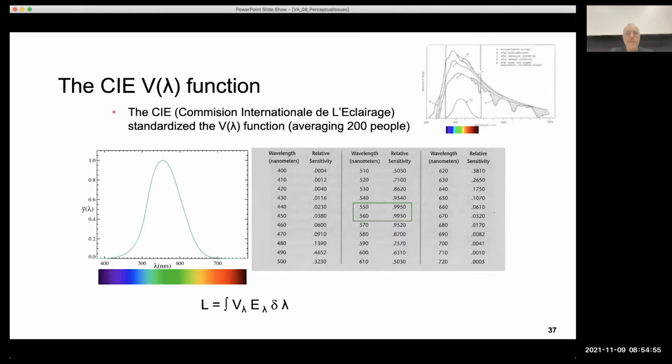Let's start with the color. We have this French commission that standardized a lot of stuff about light, that studied the sensitivity of human beings to the same luminance stimulus having different frequency. And this is the curve they came up with at the end of the study.